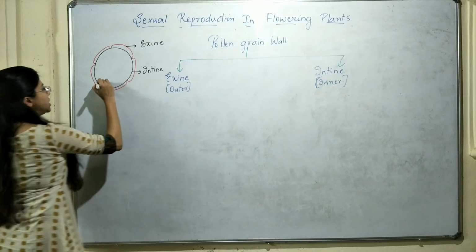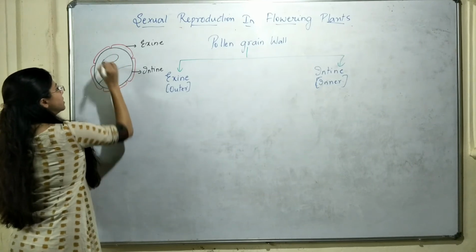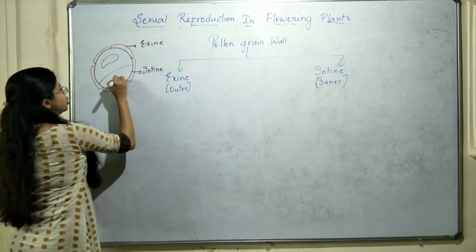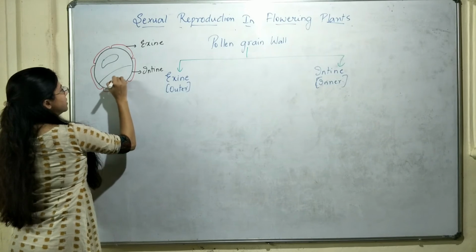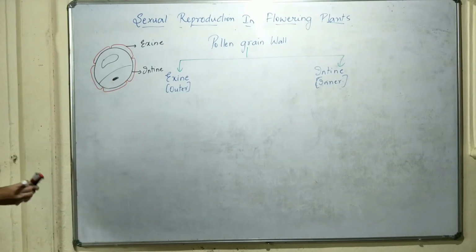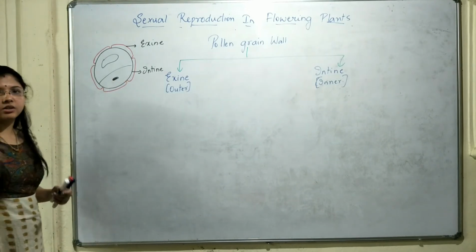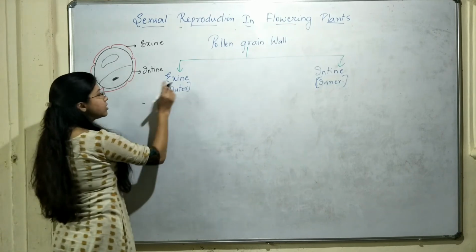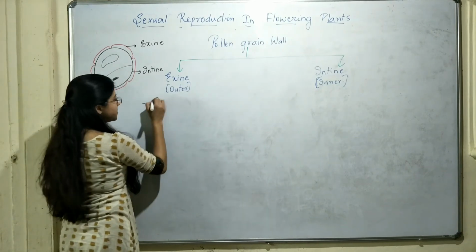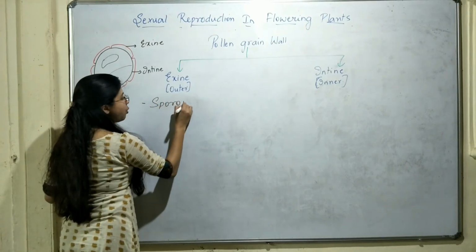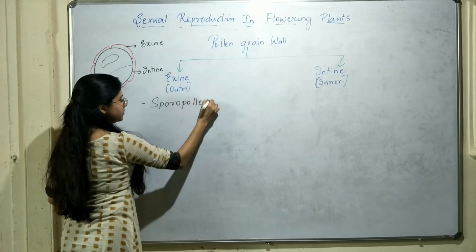Inside will be the vegetative cell and the generative cell. Now, exine has specific characteristics. That means the outer layer, or the exine, is made up of a fatty substance called sporopollenin.